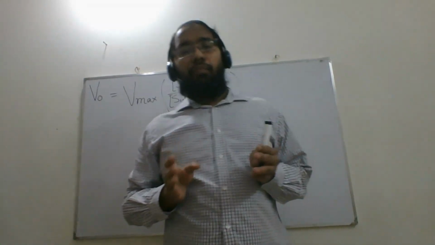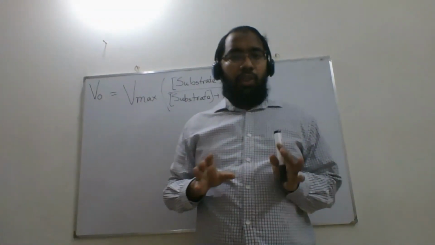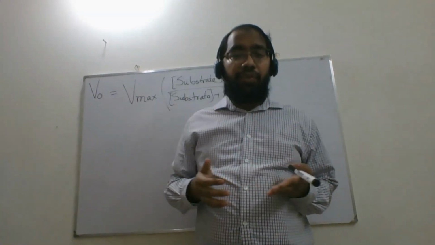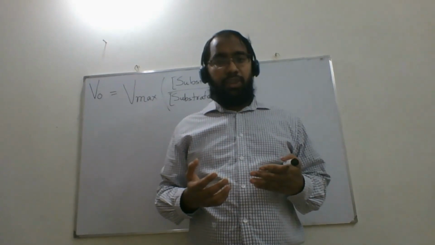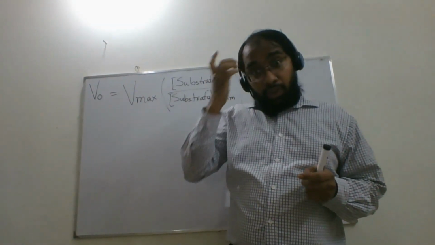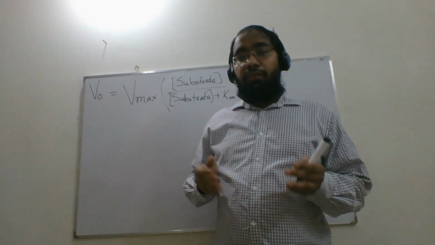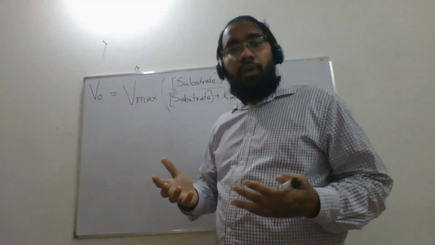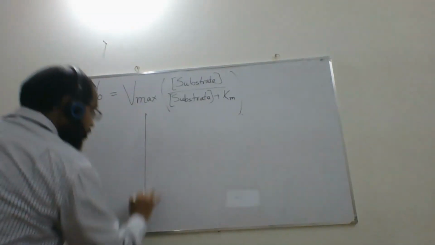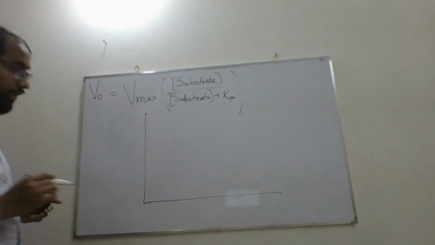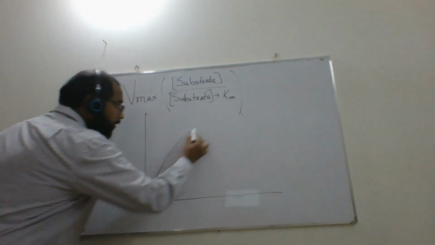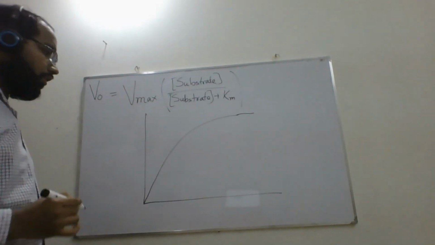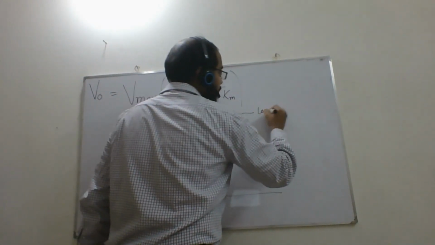Because we use the Michaelis-Menten constant to observe the reaction rate of any type of enzyme catalysis reaction. Now when we try to draw a graph of this equation, it will basically be like a logarithmic plot.